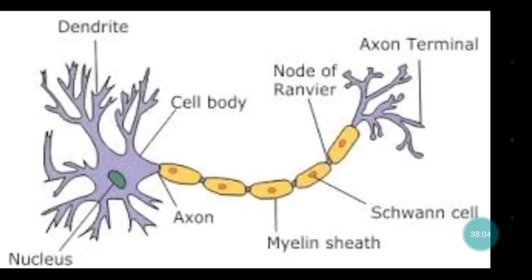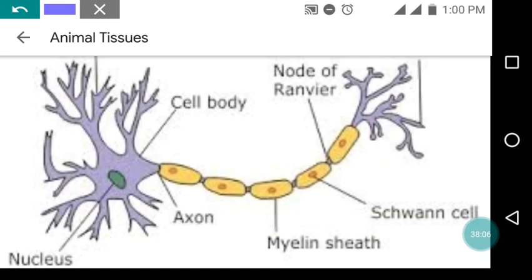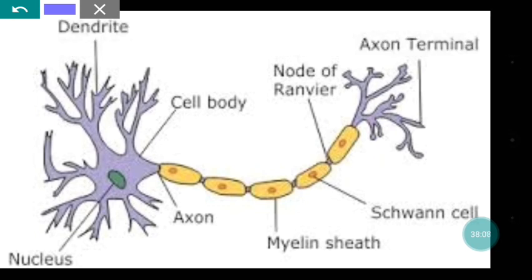Here is the image of a nerve cell. This is the cell body, and from the cell body there are projections, branch-like structures. These are the dendrites, and the nucleus is within the cell.